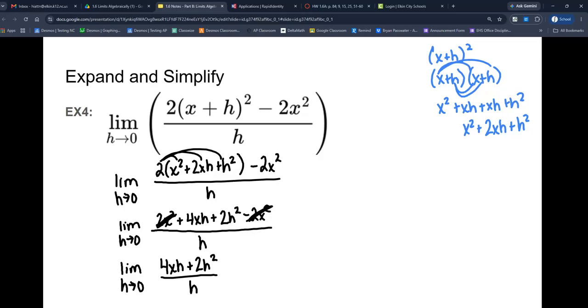Any ideas now? Factor an h out. So the limit as, switching back to x again, h approaches 0 of h times 4x plus 2h all over h.